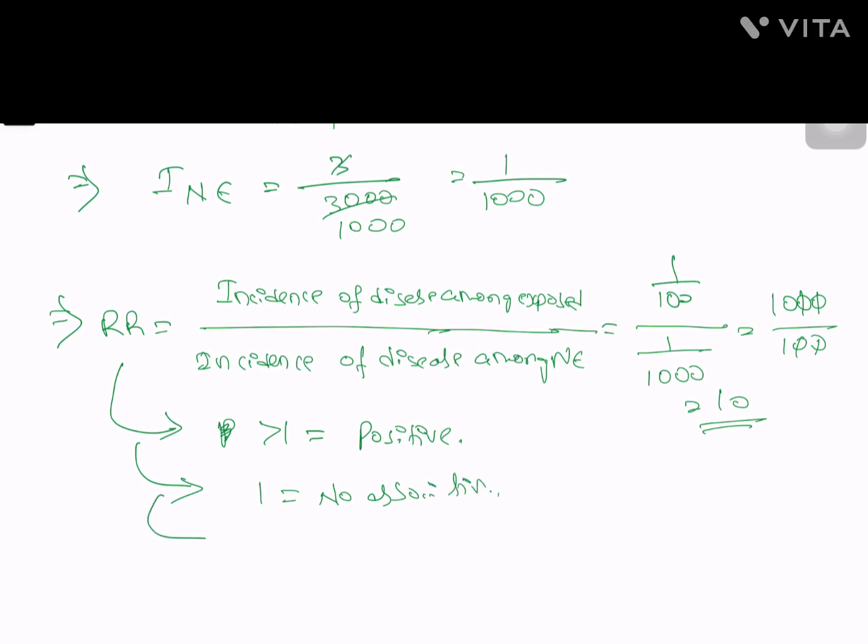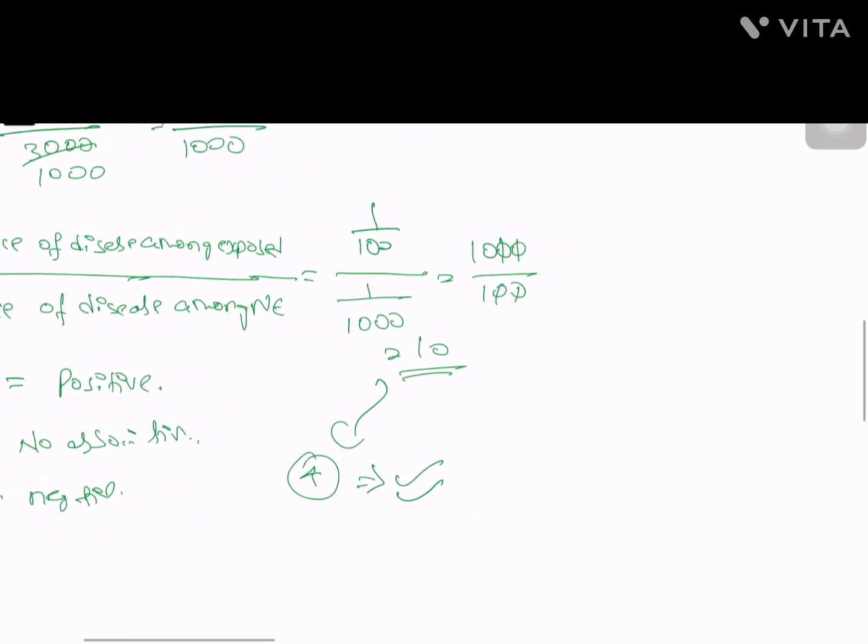If it is less than 1, negative association. Here it is more than 1, so there is a positive association between smoking and lung cancer.